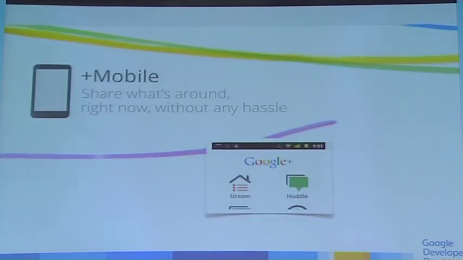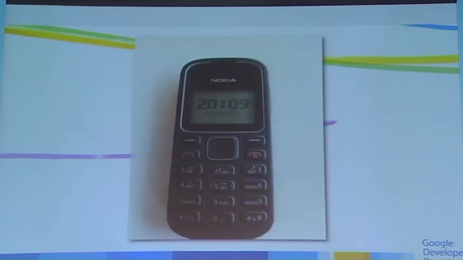So the thing about mobile that's really important is that when people think about mobile, they don't usually think about this. They always think about some fancy smartphone. When we think about mobile, we look at what people actually do with their mobile phones, and we say, what problems exist here that we can actually solve? So this is a phone I bought for my mother.